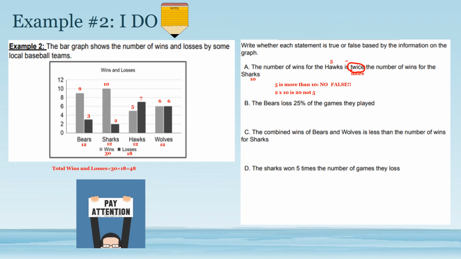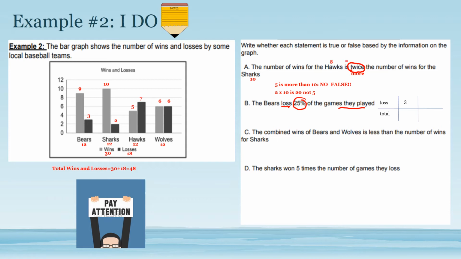B. The Bears lost 25% of the games that they played. We're going to use our Big H strategy to determine if this is a true statement or a false statement. We're going to go over how many they lost. We're not going to focus on the 25%.